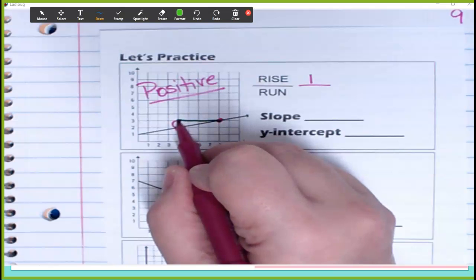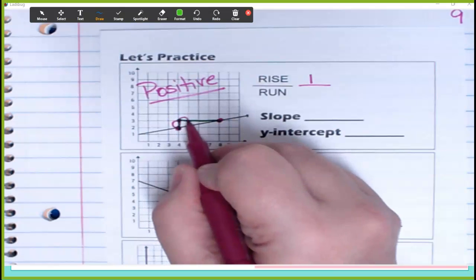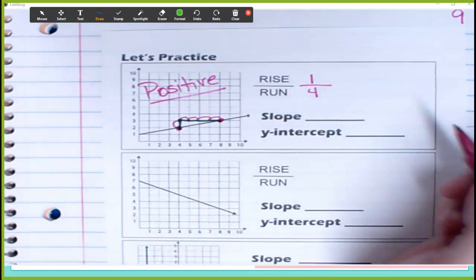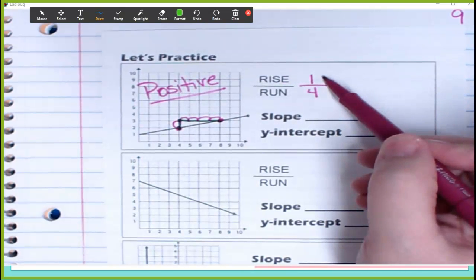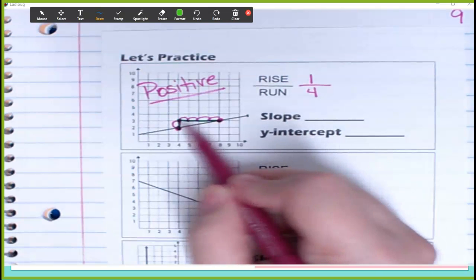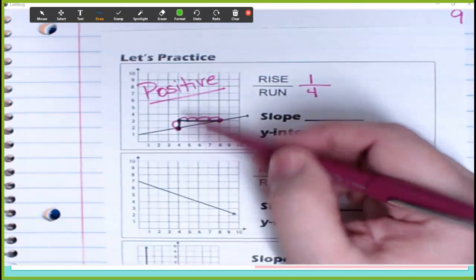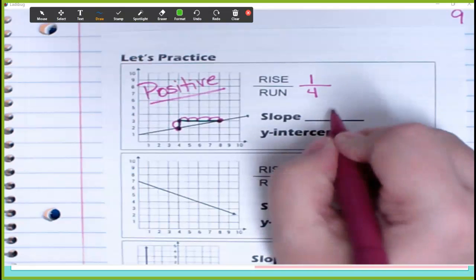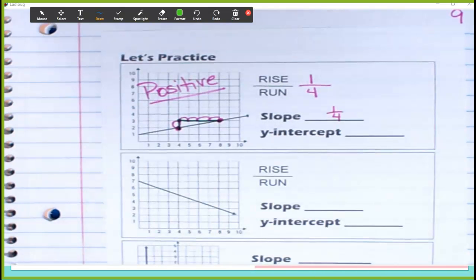How many blocks did I run? 1, 2, 3, 4. So the change in the Y value was 1. The change in the X value was 4. Because X goes horizontal, Y goes vertical. And we said it was positive. So my slope is 1/4. That's all there is to counting slope.